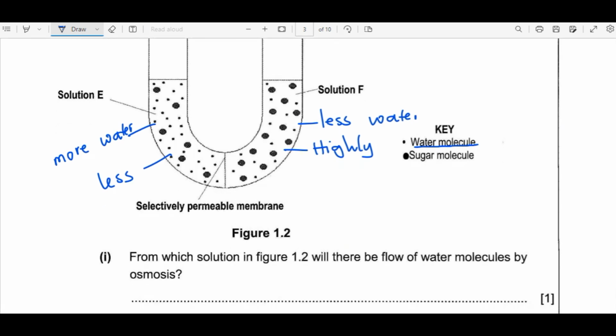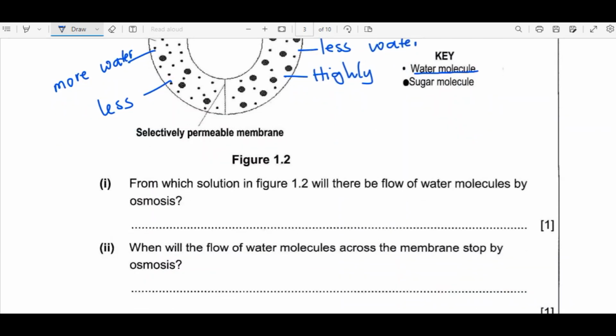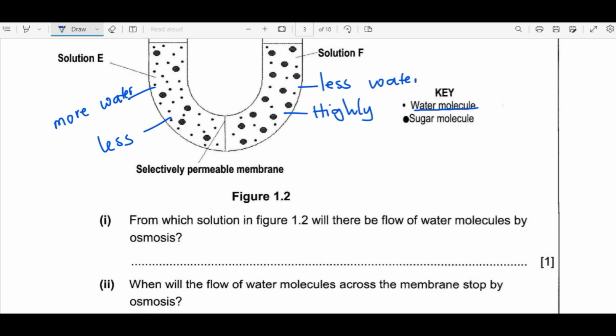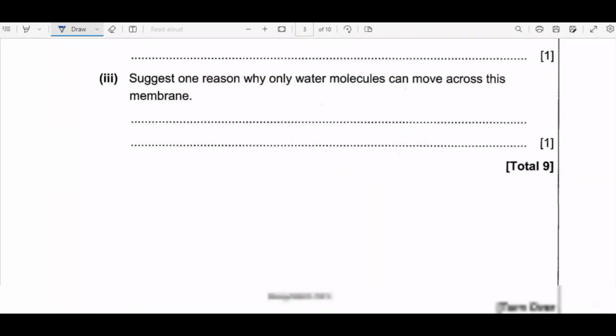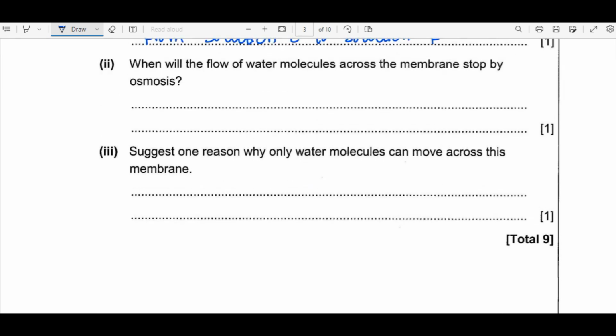So let's go to question Roman number 1. From which solution in figure 1.2 will there be flow of water molecules by osmosis? So water molecules will move, we'll say, from solution E to solution F. So what of Roman number 2?